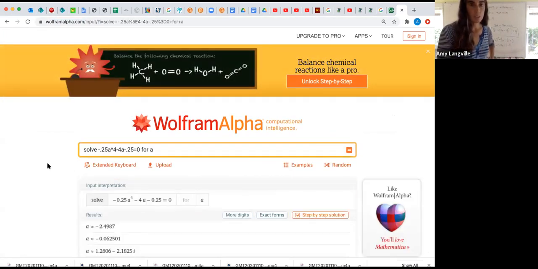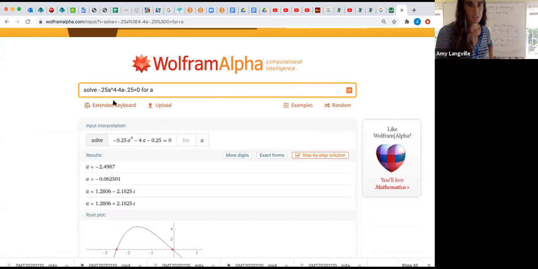That's what's nice about Wolfram. Check that it did interpret what you wanted. You entered things correctly: minus a quarter A to the fourth, minus 4A, minus a quarter equals 0. Solve that thing for A.